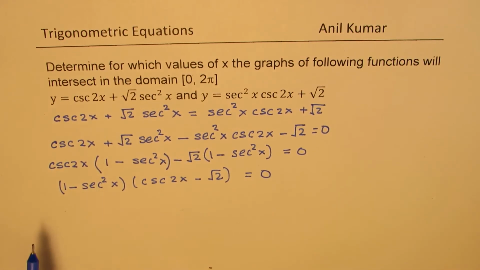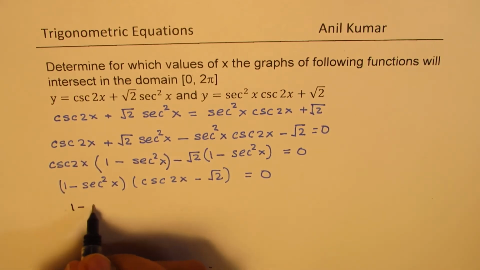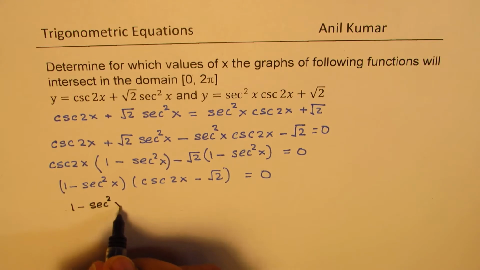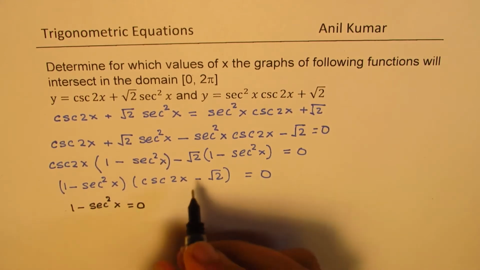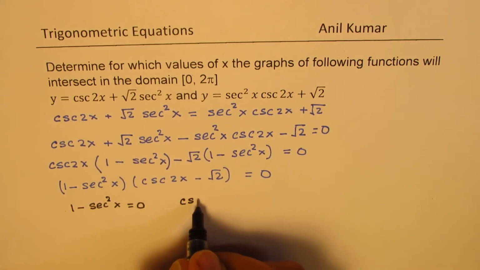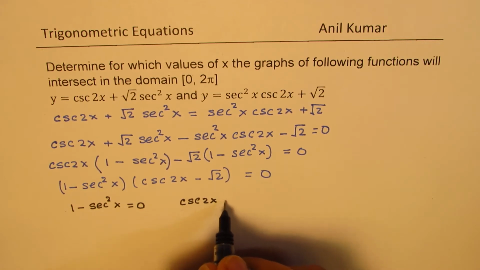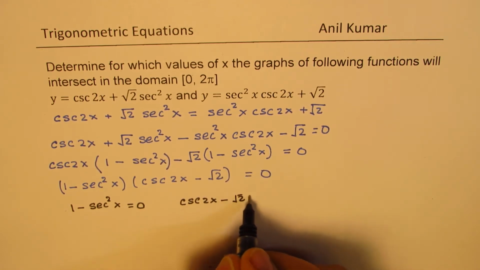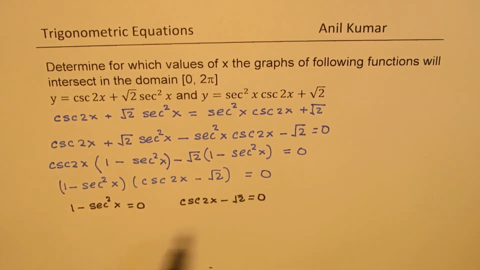So we have now two factors, and so the solution should be 1 minus secant square x equals 0, and then also we'll get points from cosecant 2x minus square root 2 equals 0, right? So we have so many solutions. We need to now figure out what these solutions are, correct?